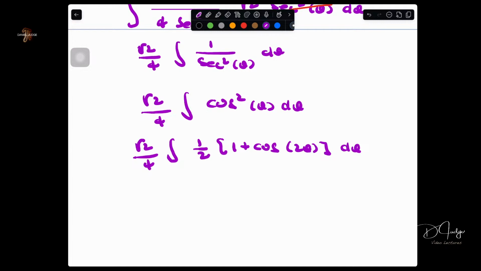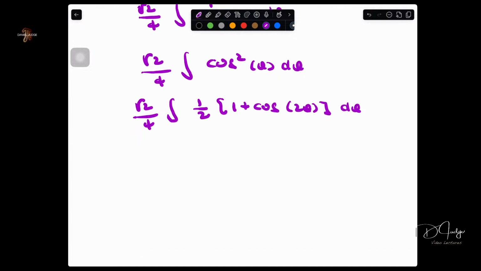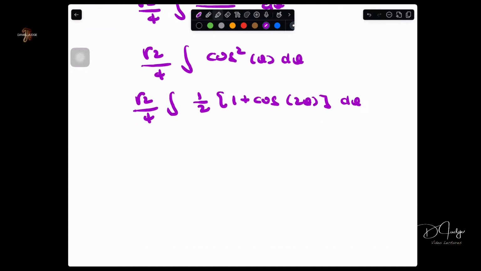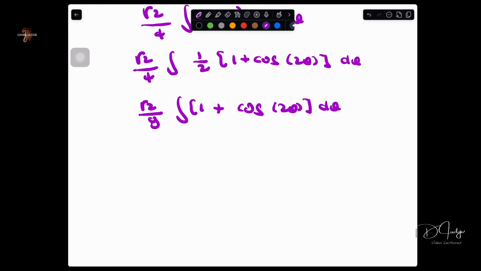So pulling out the constants now, you get the square root of 2 over 8 integral of 1 plus cosine 2 theta d theta.